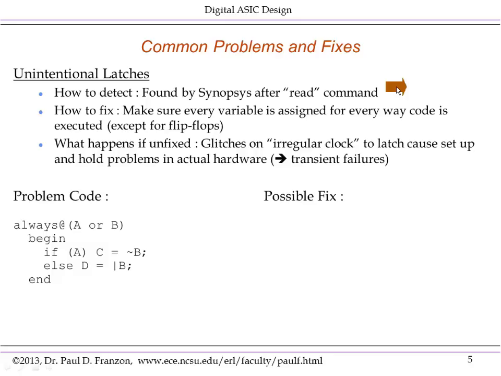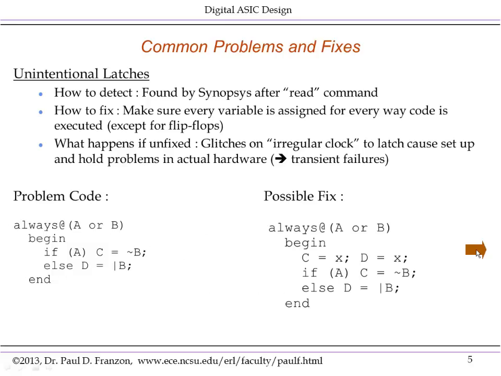How do you fix this? Well, it really depends on your logical intent. So I can only illustrate how to fix that. But what you have to do in general is make sure that all the outputs of the combinational logic are assigned for every possible way in which the procedural block is executed.